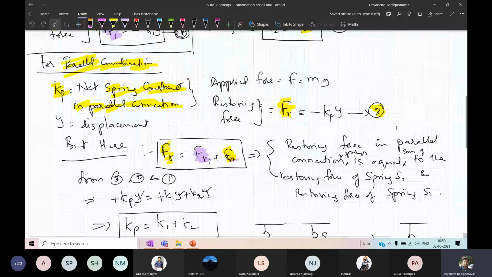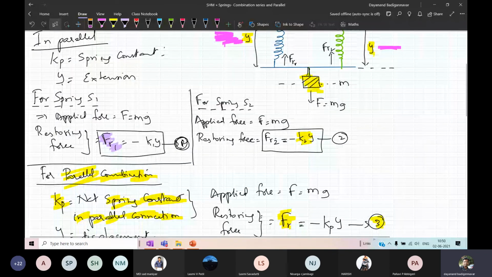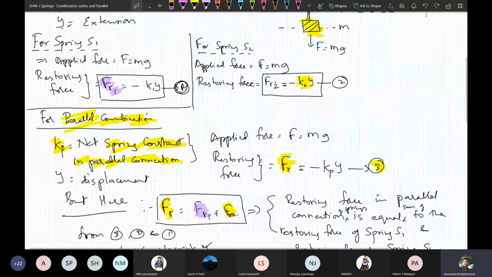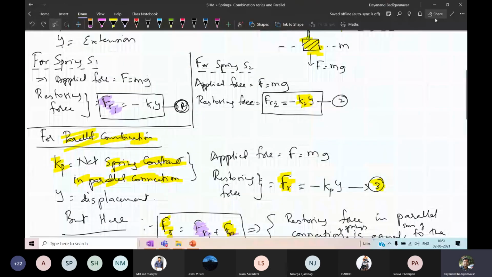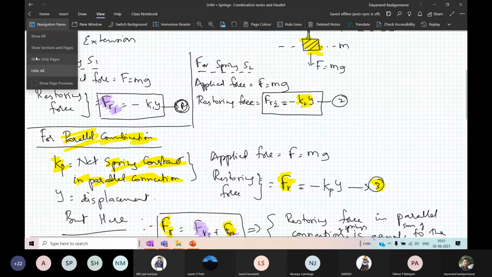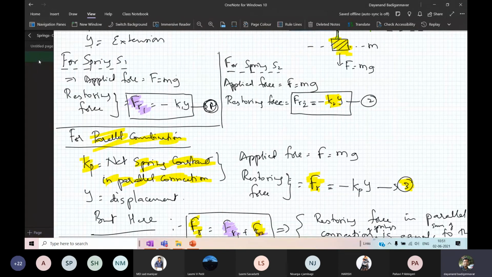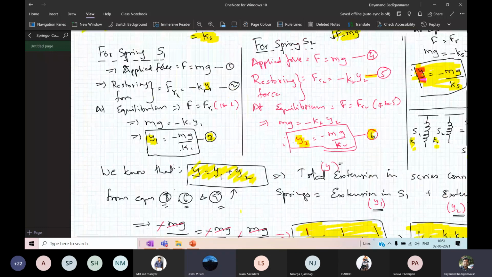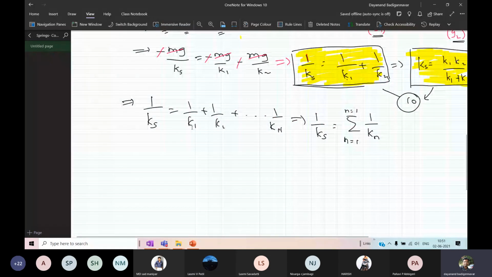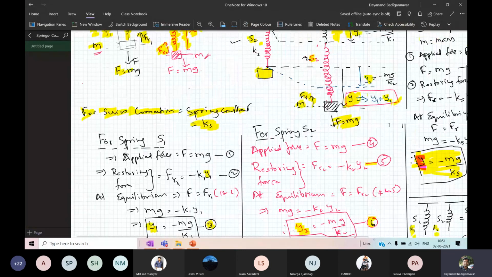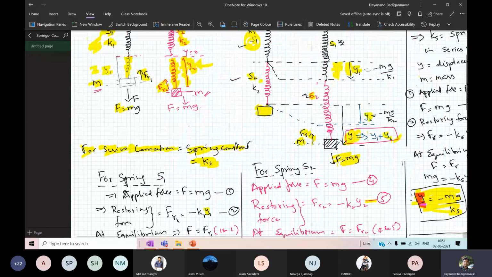If I have it in series, then for series connection it is 1 over K1 plus 1 over K2. So I can replace two springs connected in series or in parallel with the equivalent spring.